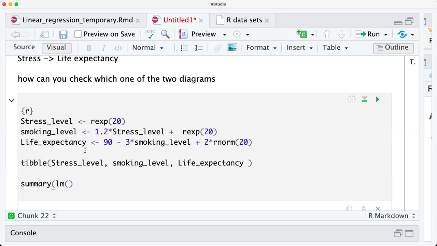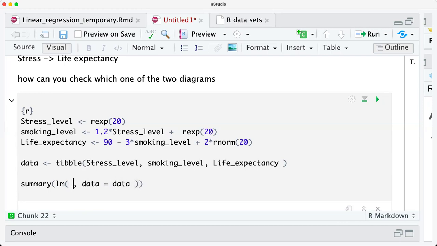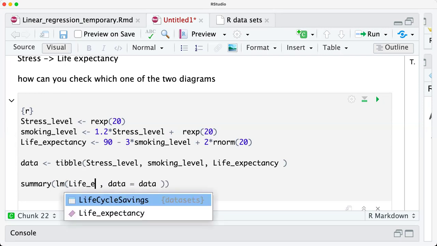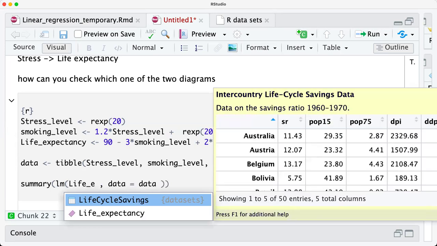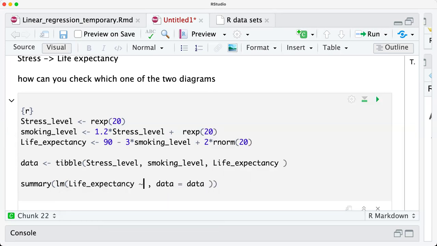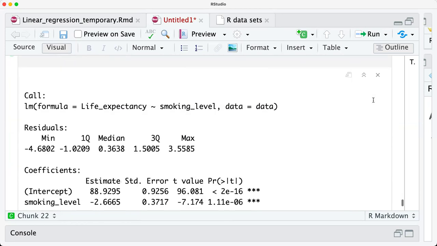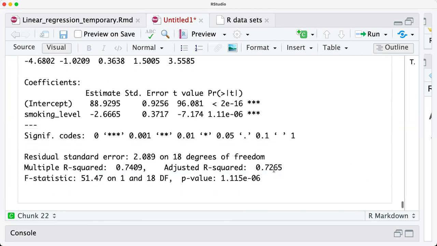You obtain a beta 1, which is statistically different from 0. So we want to predict the life expectancy using the smoking level. And indeed, you find a very small p-value.